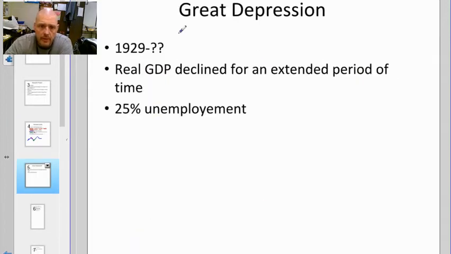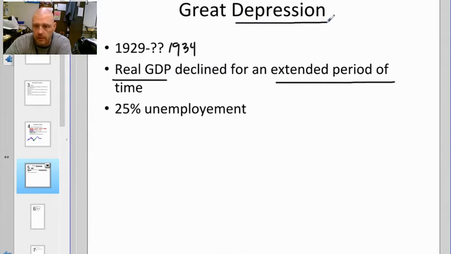When we talk about the Great Depression, we're talking 1929 to, again, it's argued probably 1934 is about the time we got out of the Great Depression. That was several years. And what we had was real GDP going down for an extended period of time, hence they called it a depression. I don't know if there's an official, it's got to be this many months of GDP going down.